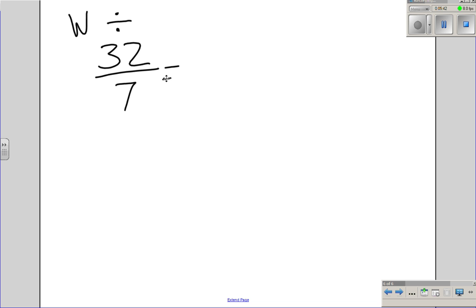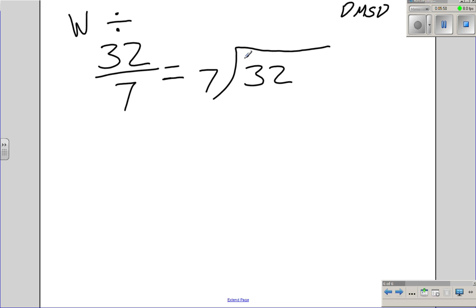So I need to make this into a division problem, and I'm going to tip it over. 7 is my divisor. 32 is my dividend. How many 7s go into 3? Oh, wait. D, M, S, D. Divide. How many 7s go into 3? 0. How many 7s go into 32? I think it's 4, because 4 times 7 is 28.